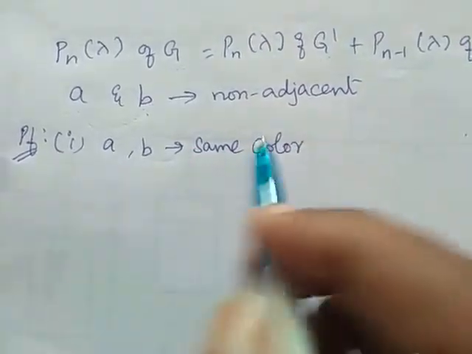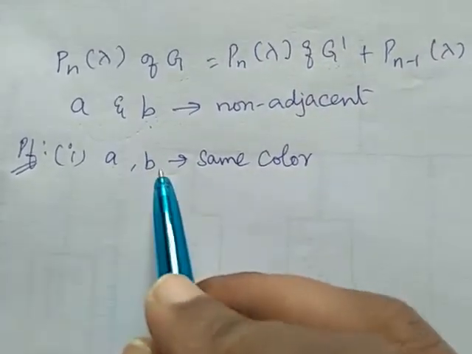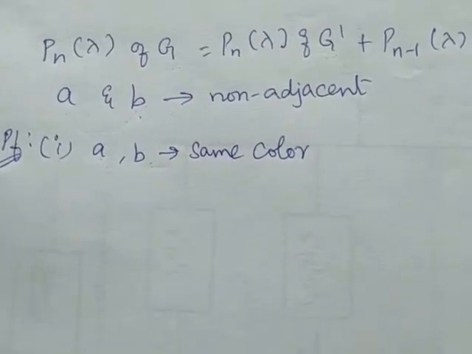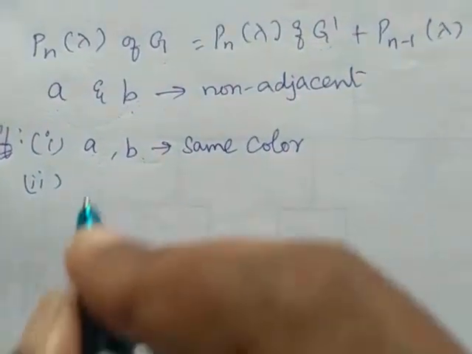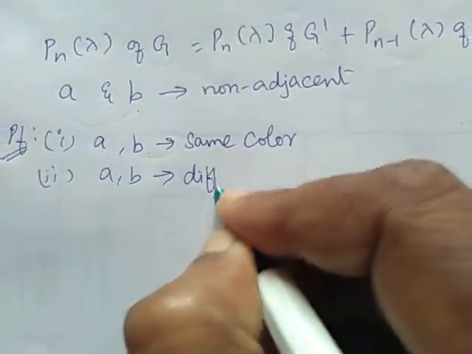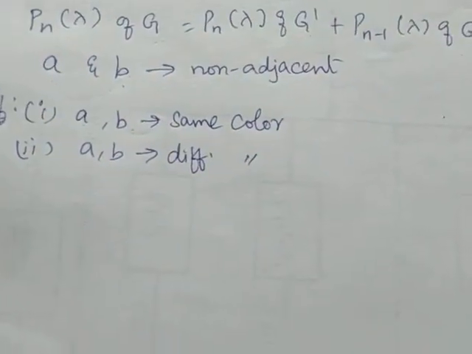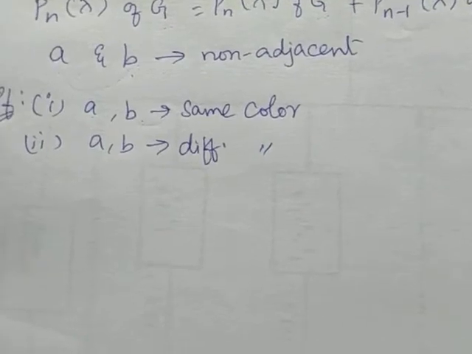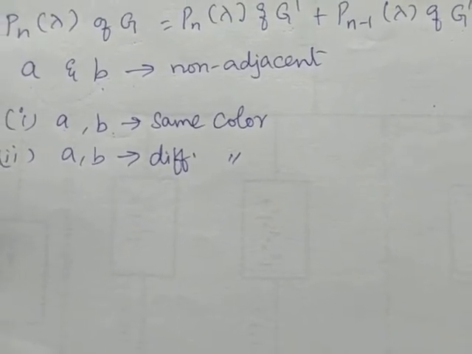Because A and B are not adjacent to each other, therefore we can color A and B using the same color. In the second case, we are going to use different colors for A and B. So in the first case we are considering A and B as the same color, and in the second case we are considering A and B as different colors.